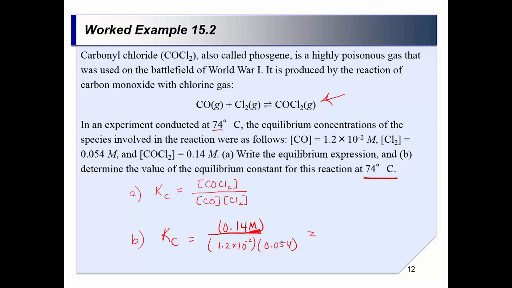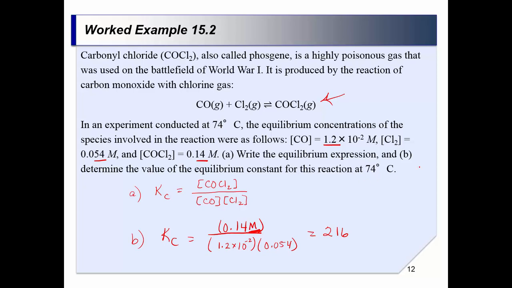Everything is in molarity, so when I do that arithmetic, I get 216, but I need to be careful with my significant figures. If you don't recall significant figures, please review chapter 1 of your book. I have 2 sig figs in each of the values used for my calculation.